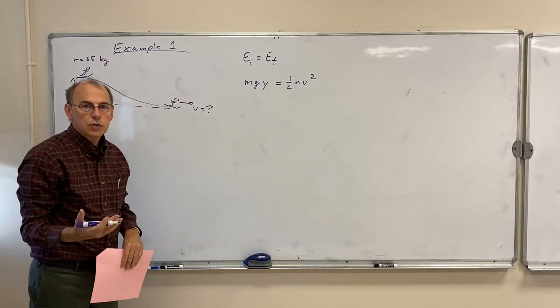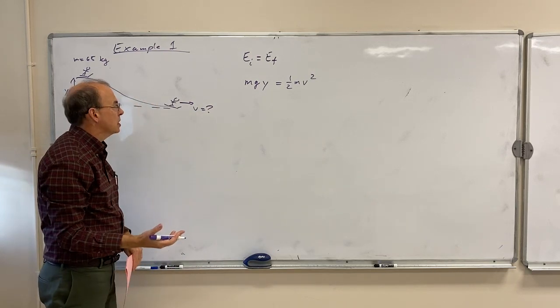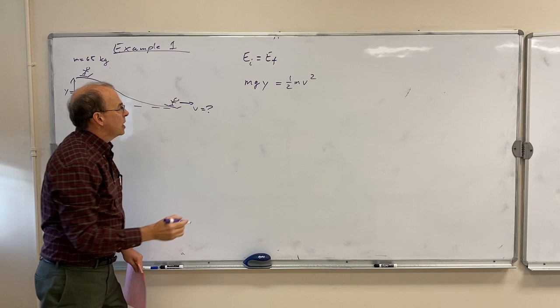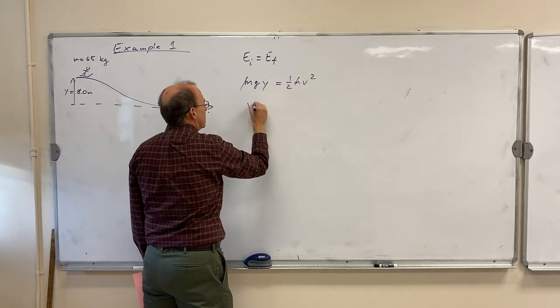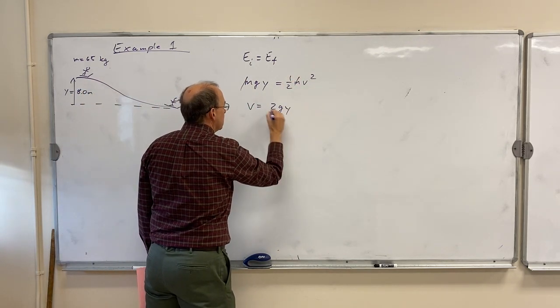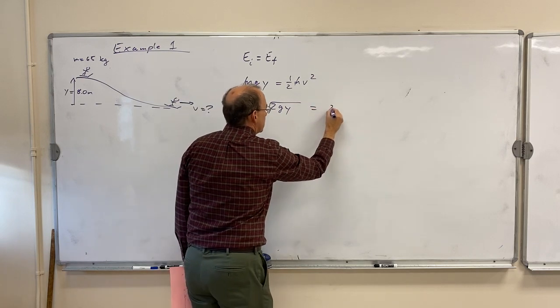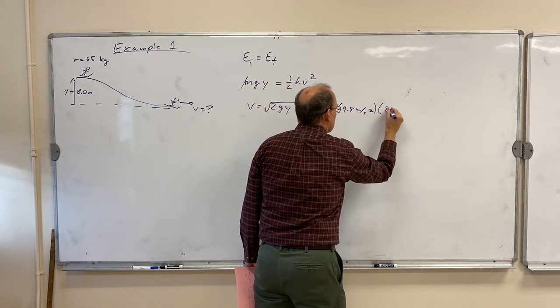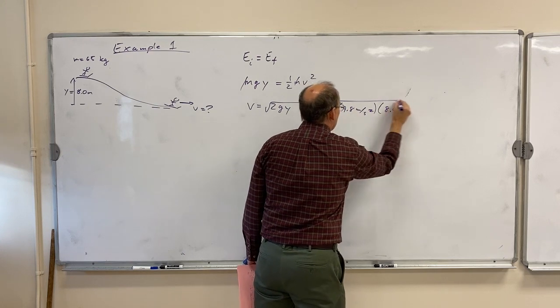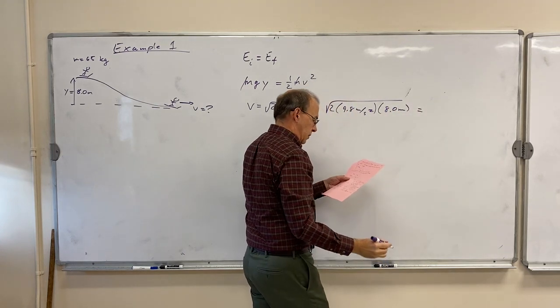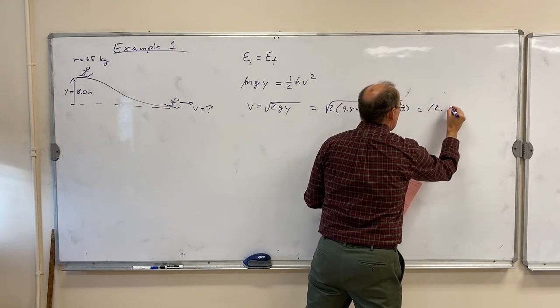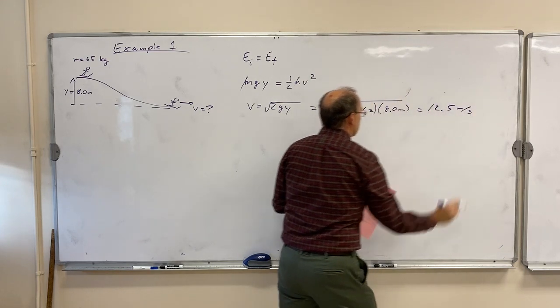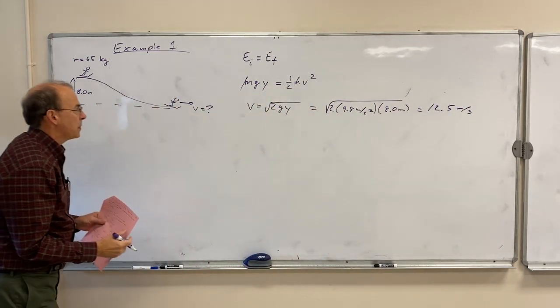That's assuming no energy went into heat, went into friction heating. And again, the m's cancel, and v is just the square root of 2gy, or 9.8 meters per second squared, 8 meters, square root, and that gives me 12.5 meters per second. Very straightforward.